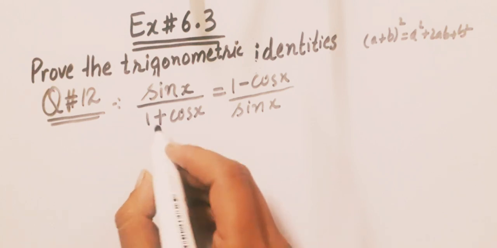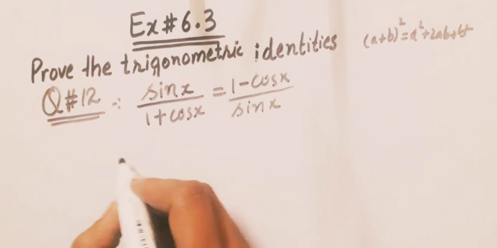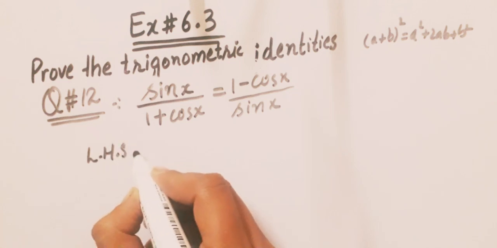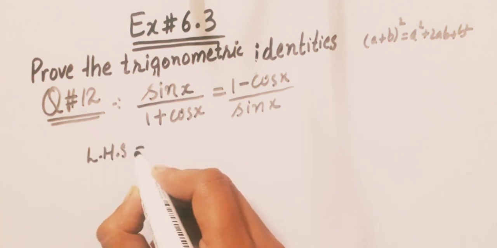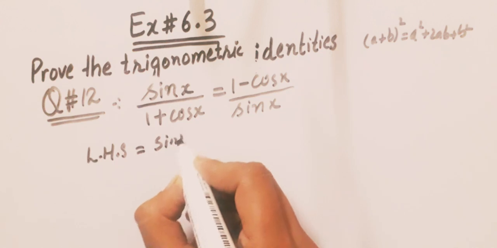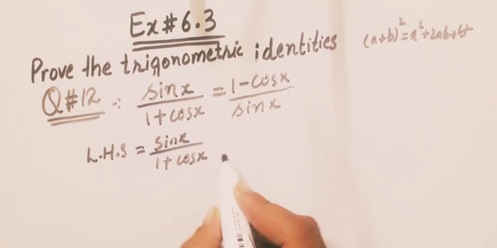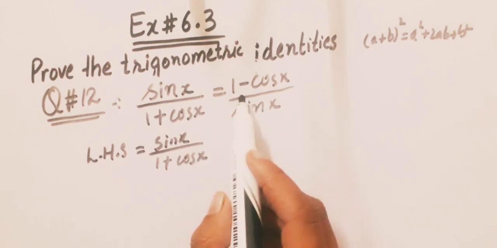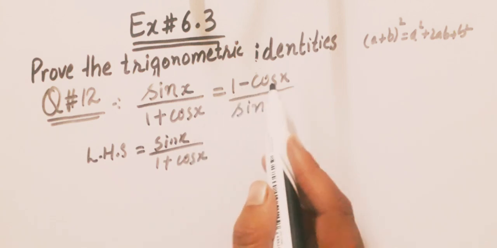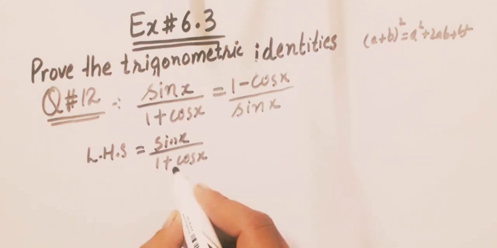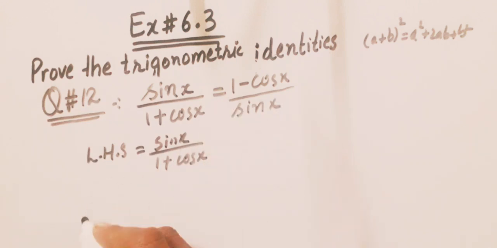Now here we take the left hand side, which is equal to sin x by 1 + cos x. In the numerator we have to make 1 − cos x. So we will multiply and divide the left hand side by 1 − cos x.